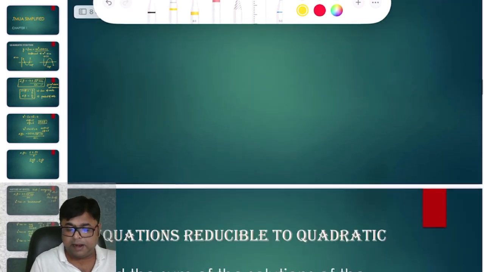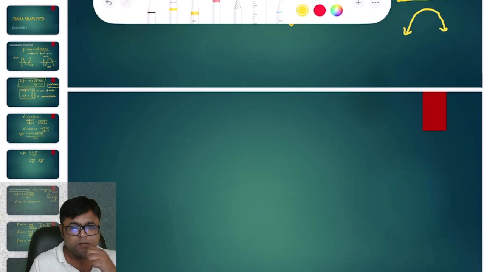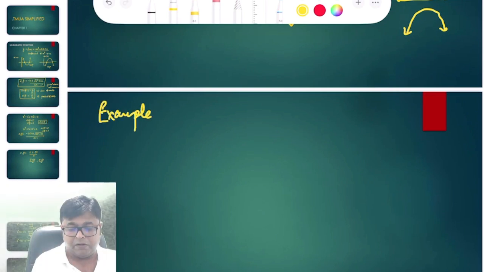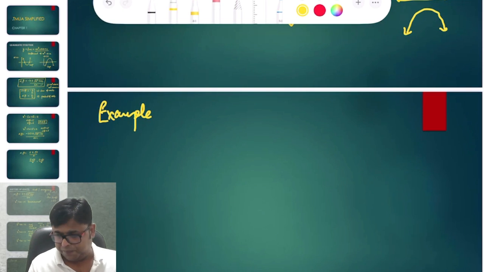Now the type of questions which you can get on this is, although I've covered a lot of questions in the exercise, let me just give you one example which can test you on theory or nature of roots.